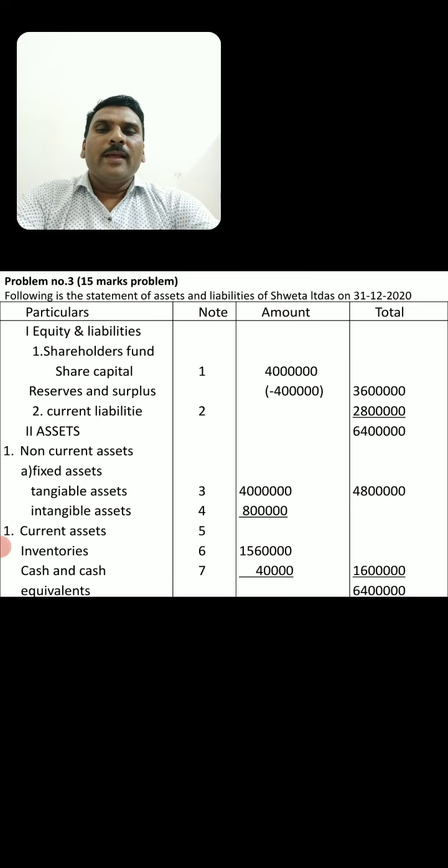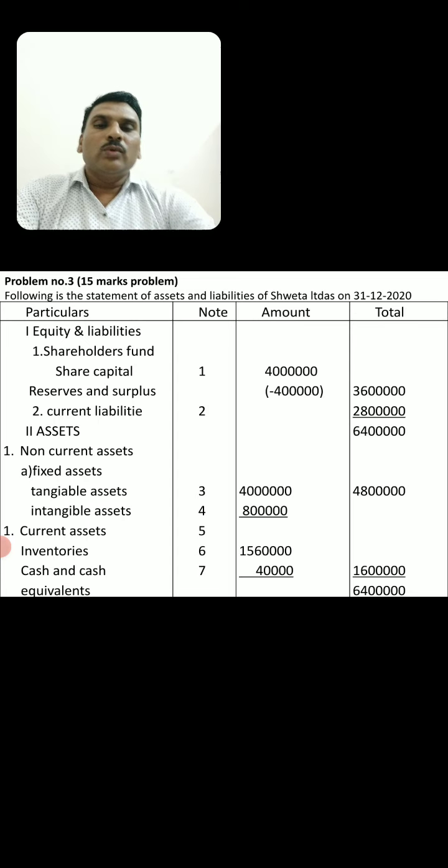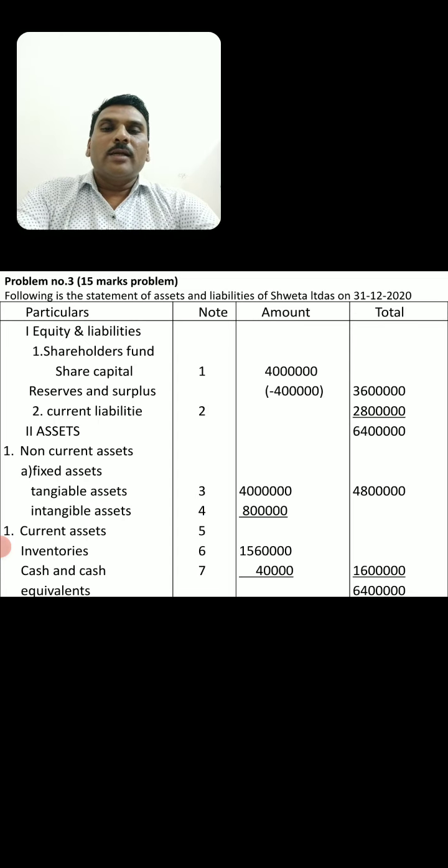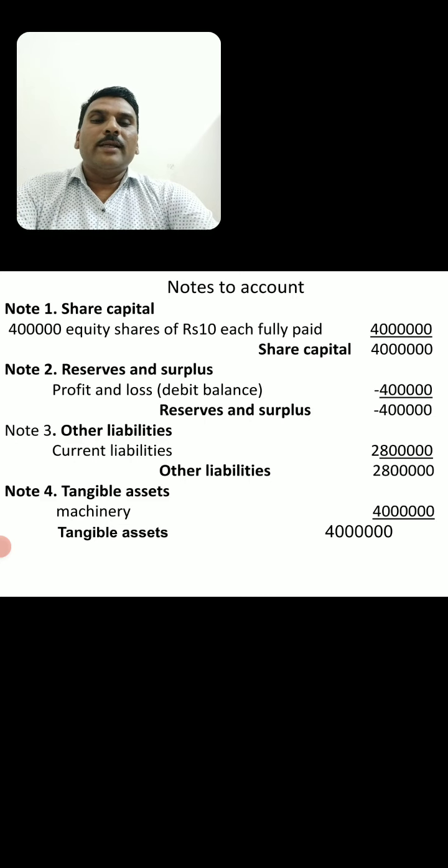Here we have selected one problem: the following is the statement of assets and liabilities of Sweta Limited as on 31/12/2020. The shareholders' fund consists of share capital. As per note 1, the share capital consists of 4 lakh equity shares of rupees 10 each, fully paid, that is 40 lakh.